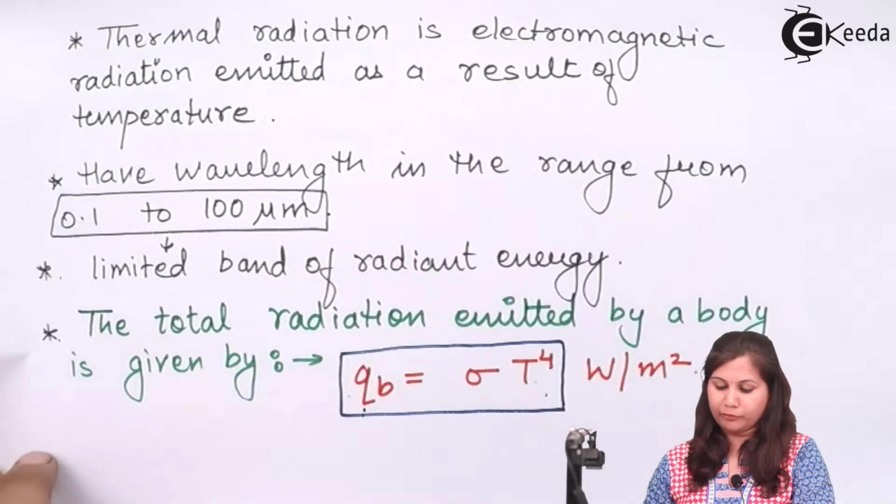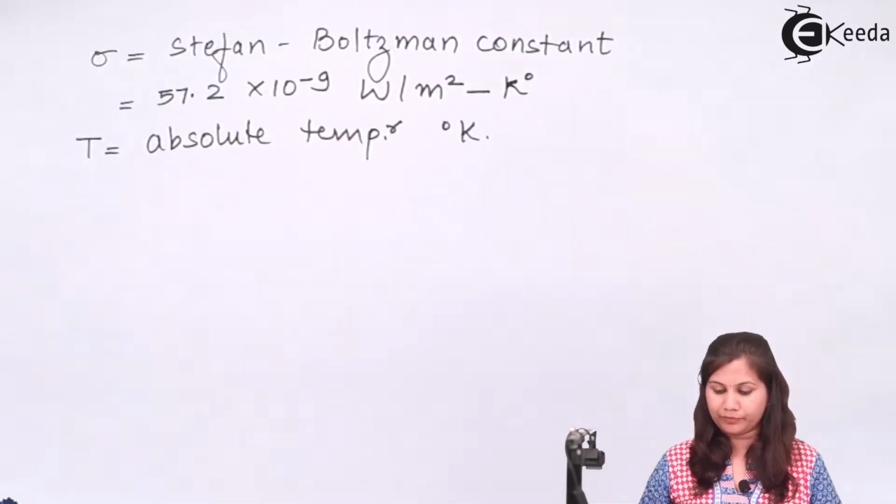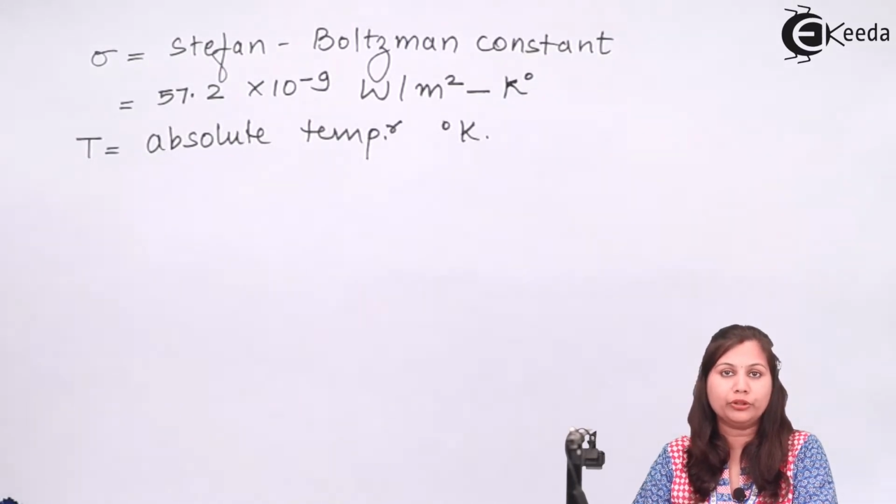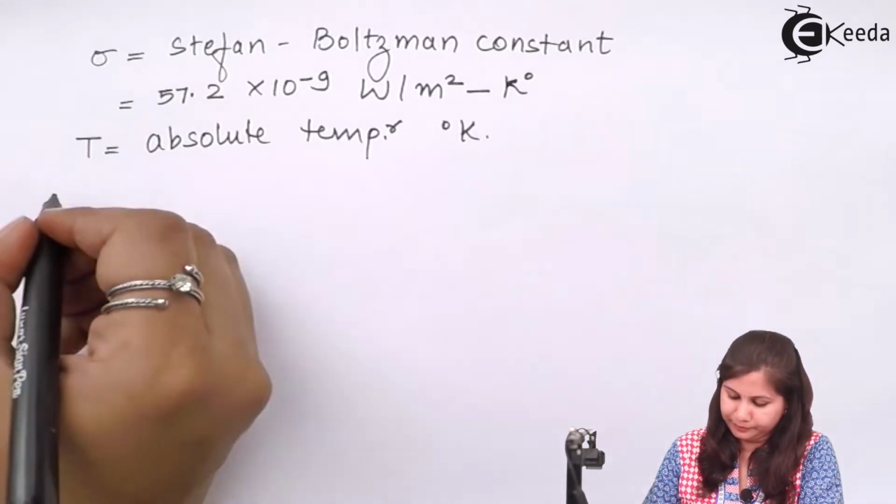So this Stephen Boltzmann law shows that the radiations are proportional to the temperature, or they are a function of temperature.